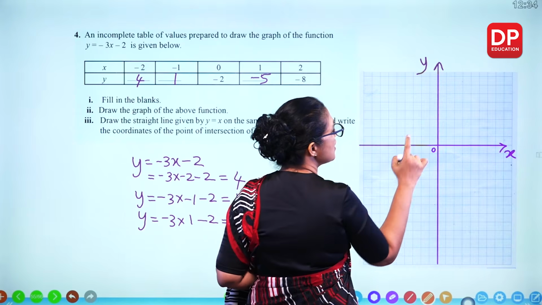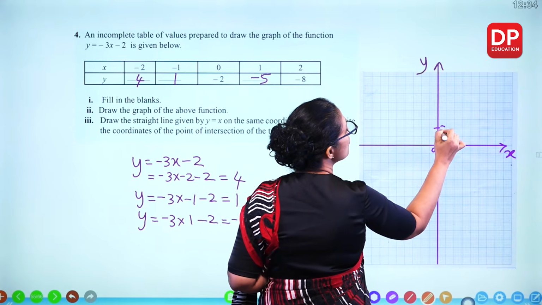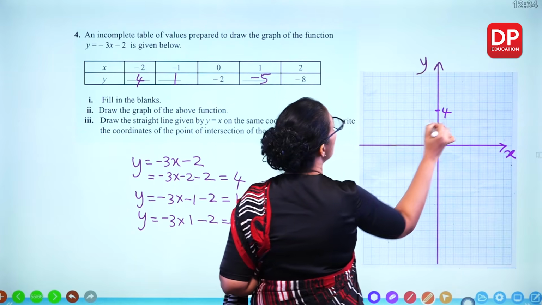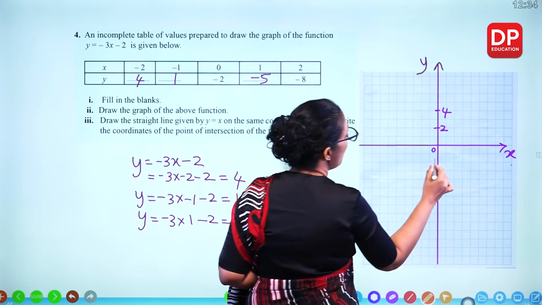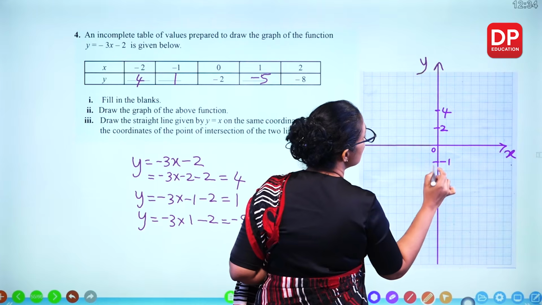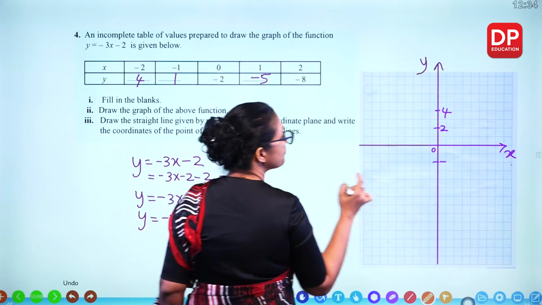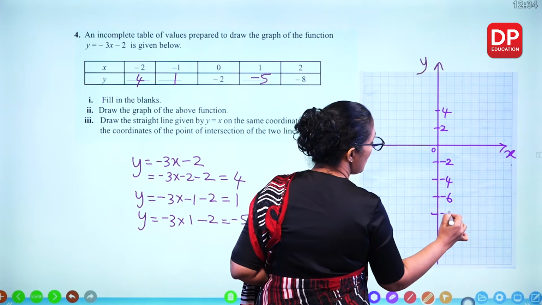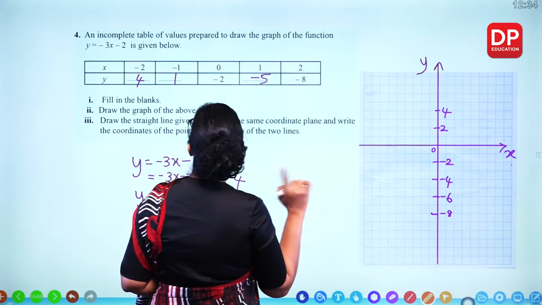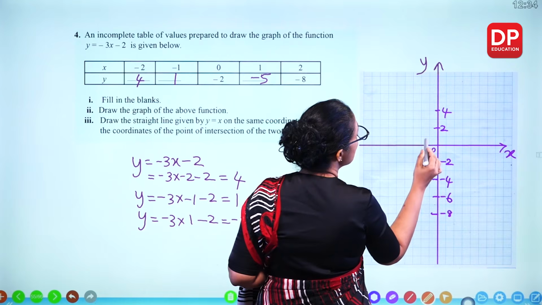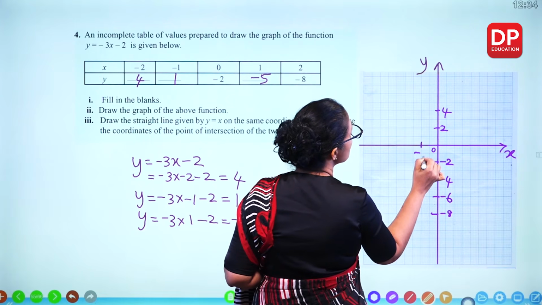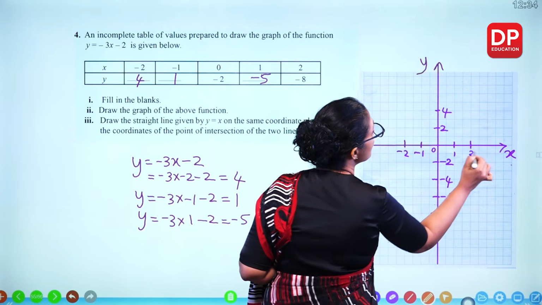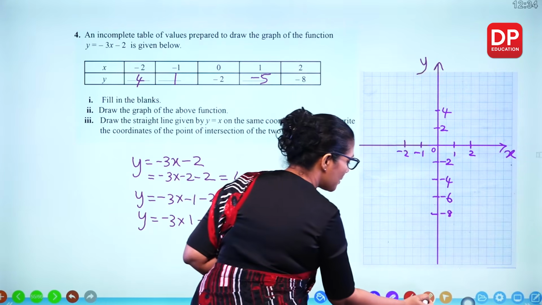So we'll take 1 unit: 1, 2, 3, 4, minus 1, minus 2, minus 4, minus 6, minus 8. X-axis up to 2. So we'll take 2 units, 1, minus 1, minus 2. Here 1 and 2. Now we'll mark the points.